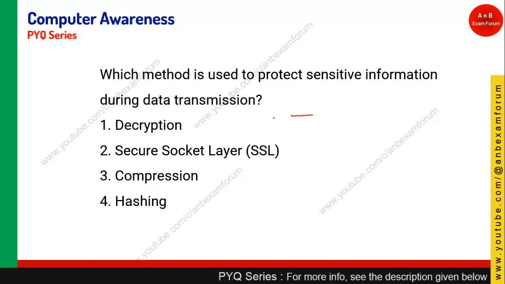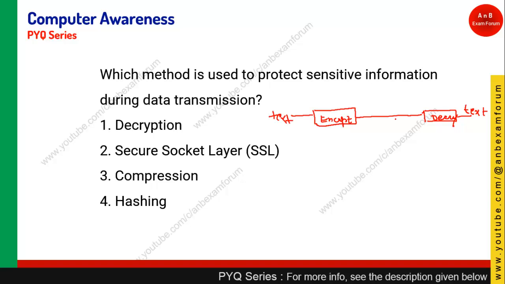If you want to send some text over a network, one methodology is encryption, where you encrypt your text. Encrypt means you are jumbling this text and sending it over the network, and at the receiver end you decrypt it, and you will get your original text message.